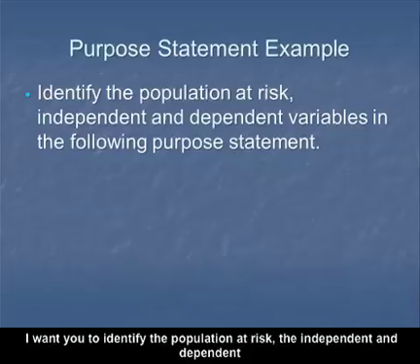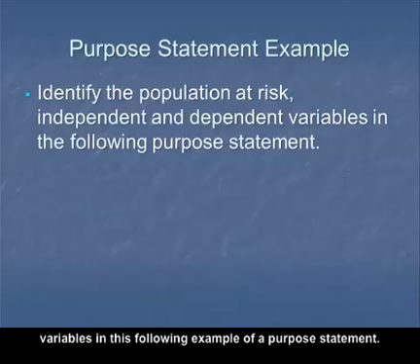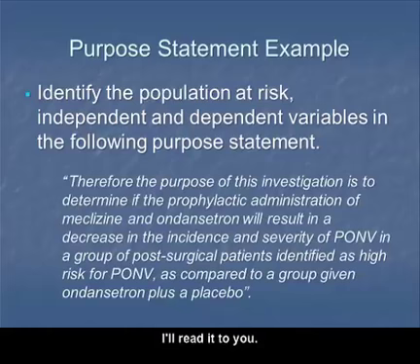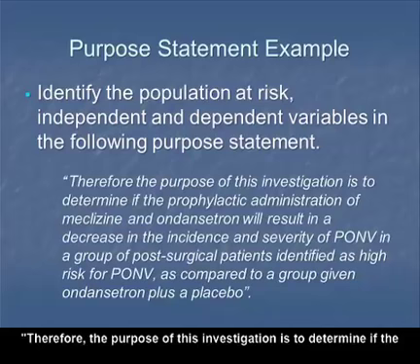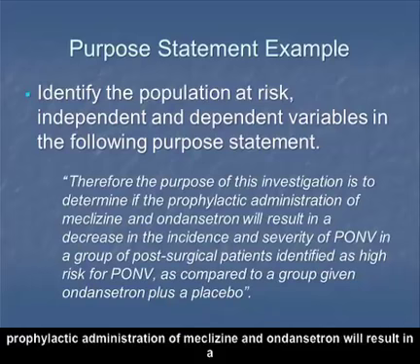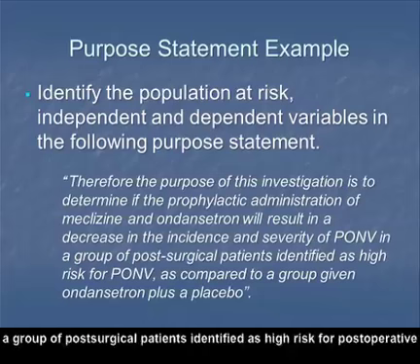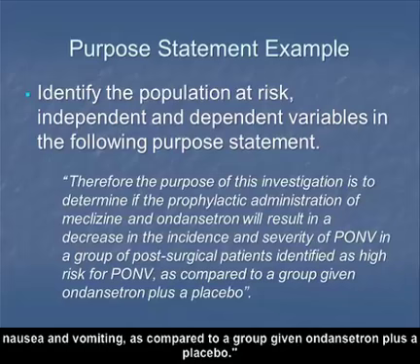So I want you to identify the population at risk, and the independent and dependent variables in this following example of a purpose statement. I'll read it to you. Therefore, the purpose of this investigation is to determine if the prophylactic administration of meclizine and ondansetron will result in a decrease in the incidence and severity of postoperative nausea and vomiting in a group of post-surgical patients identified as high risk for postoperative nausea and vomiting as compared to a group given ondansetron plus a placebo.